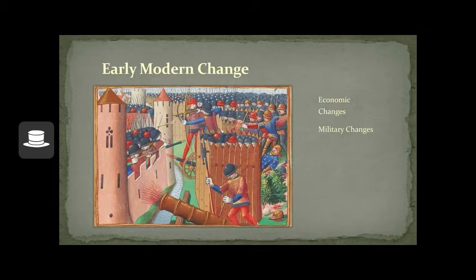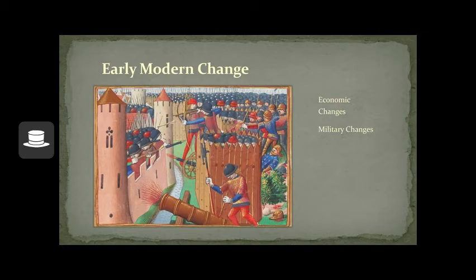Mounted knights, the terror of the medieval battlefield, were essentially powerless against muskets and against cannon. Okay? And so the new mode of fighting was going to be armed infantrymen, armed foot soldiers, and the knight was going to become obsolete.